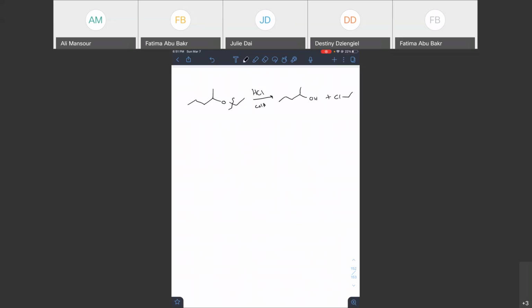How did we know that it wasn't a secondary one here to begin with? Because we don't want a secondary Cl. We want our Cl, our halogen, our leaving group to be primary so that it becomes substitution for sure. Now, if we go one step further, we do HCl and we do warm heat, then what that gives us is it changes this to a Cl as well. So that's possible.